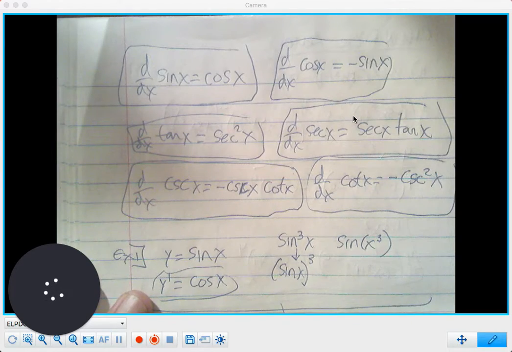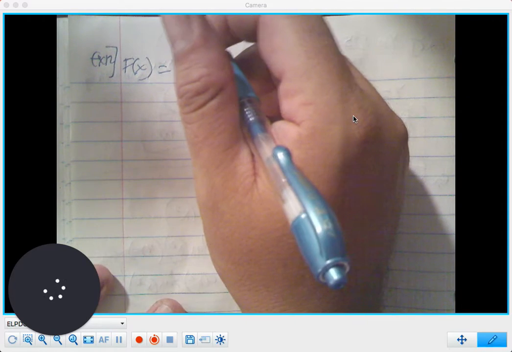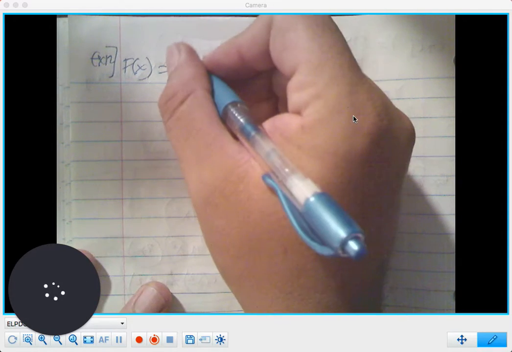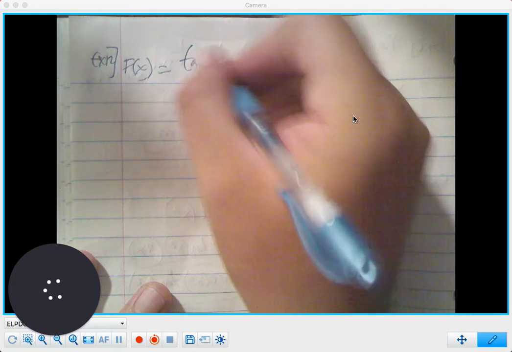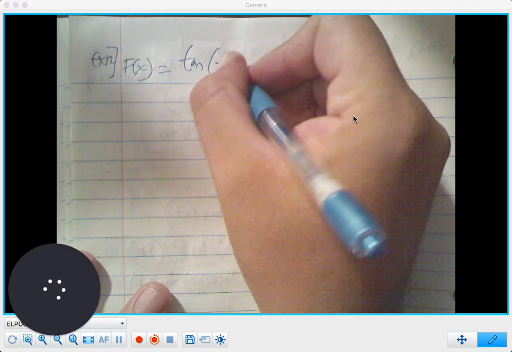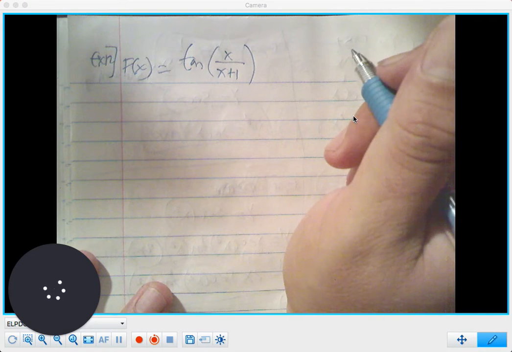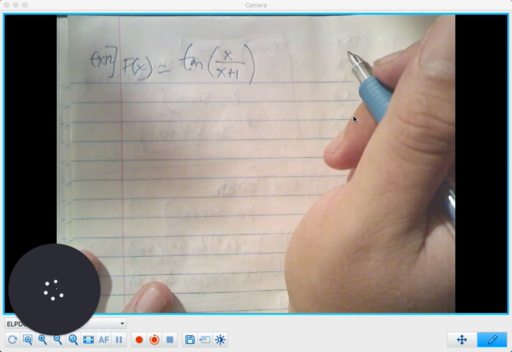Example what? 12. I always forget what example I'm doing. It's just a number. Okay, f of x equals tangent of x over x plus 1. Okay, you see how terrifying that looks?